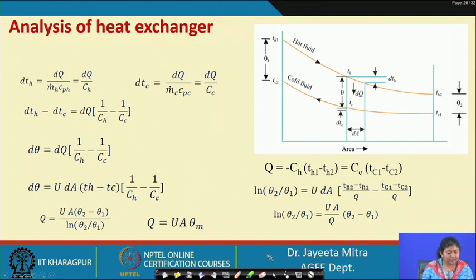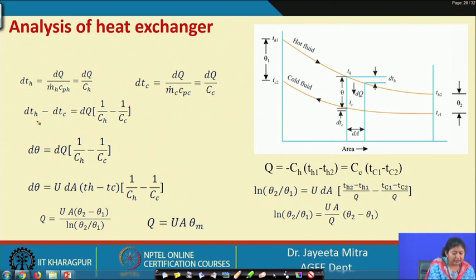So, what we can do is again we will write dTH, that is dQ by mH Cph. So, that is dQ by Ch, and dTc will be equal to dQ by Cc. Now, dTH minus dTc, that is the temperature difference across the area dA, is dQ, taking common, into 1 by Ch minus 1 by Cc.